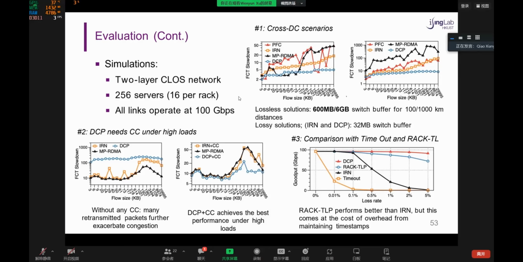Especially in certain cases, the performance of IRN is even worse than PFC. I know those two are not your design, but I'm just curious what could lead to that result. You mean why IRN sometimes performs worse than PFC? Yeah, worse than PFC.